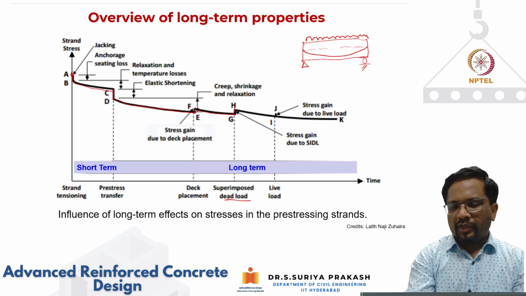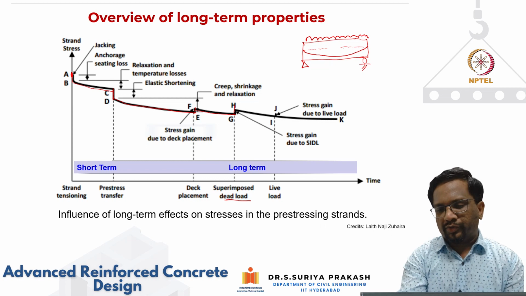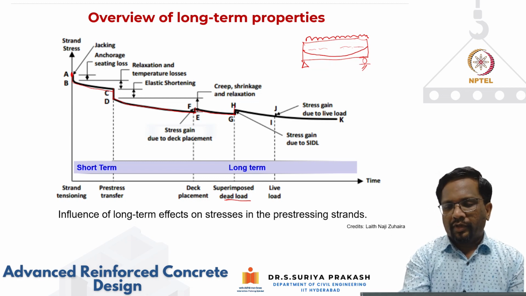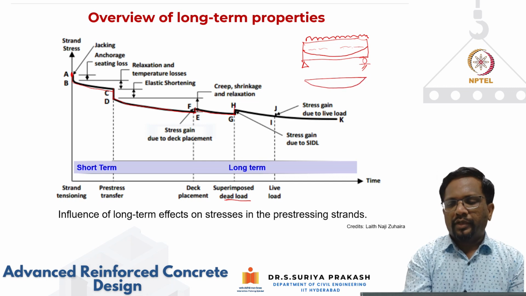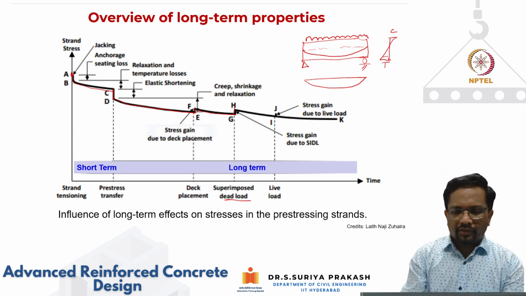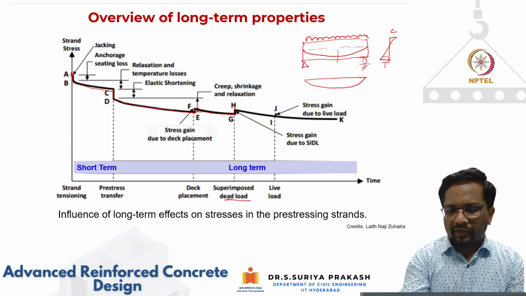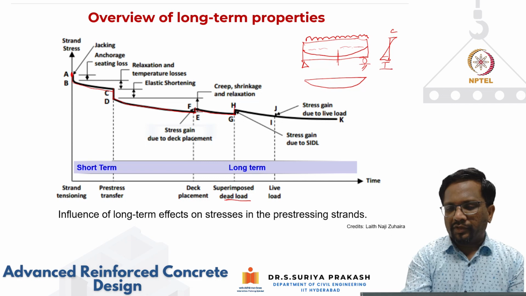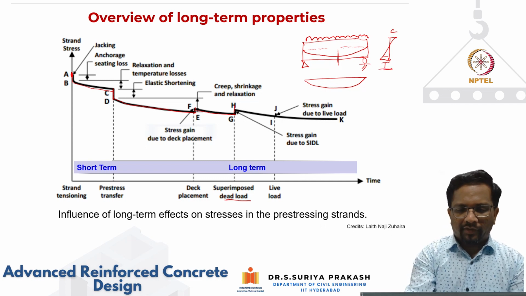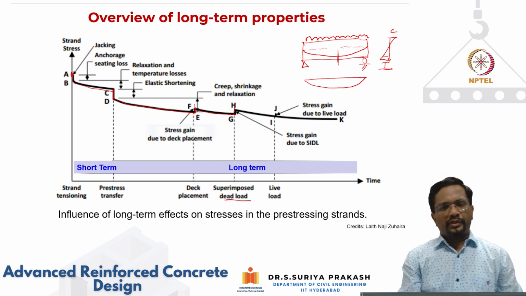You know that because of this self weight or the superimposed loads, the bending moment is going to be like this. Your stresses are going to be compression at the top and tension at the bottom. So this is compression and this is tension. Let's say we are looking at this location. Because of this tension that is developed, you have a small increase in stress.